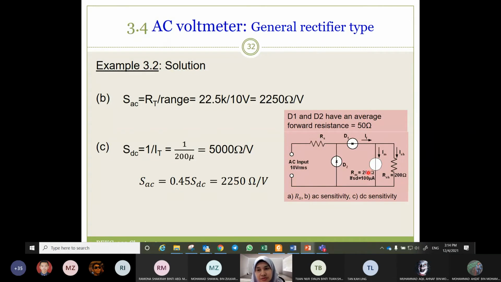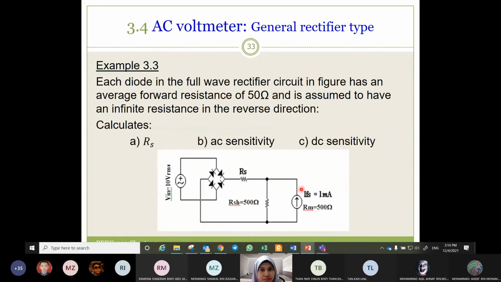If RM is different from Rshunt, definitely I will teach you how to get I total. Don't worry. The example that we have shows that RM is equal to Rshunt. Might be a reason. Okay, where were we?